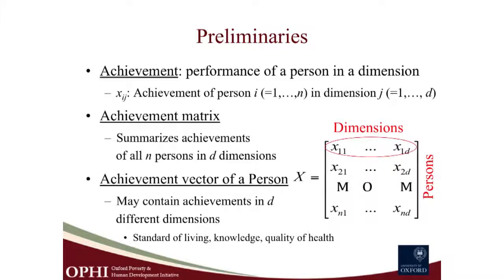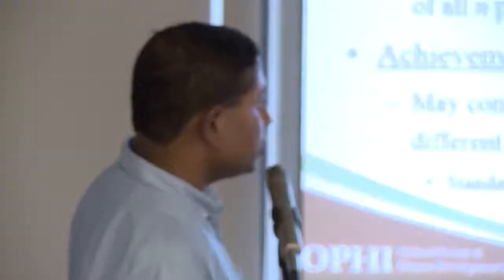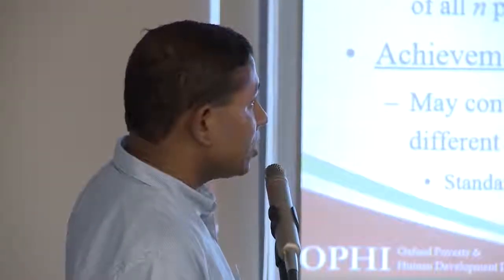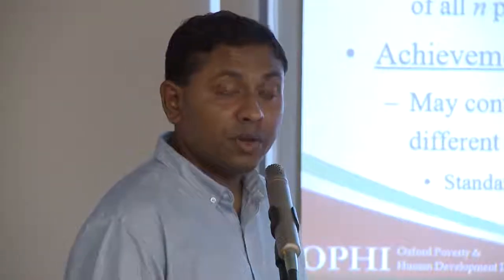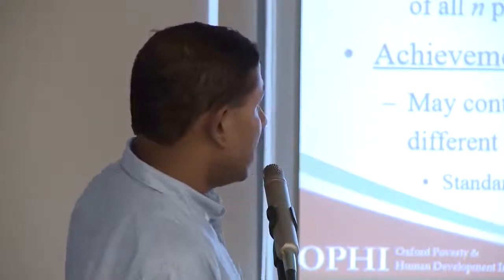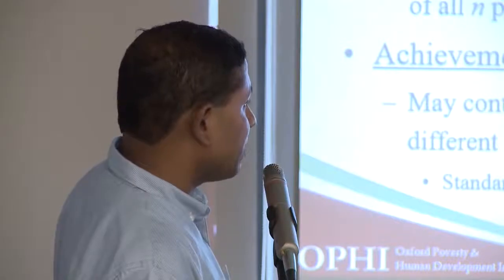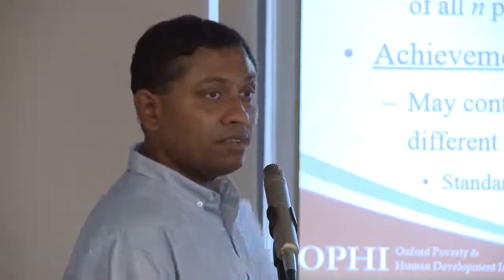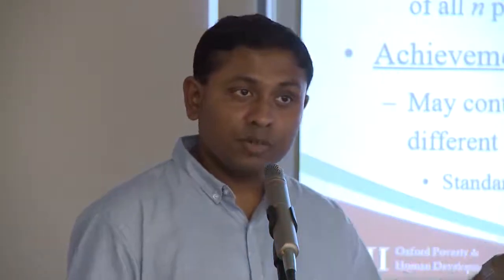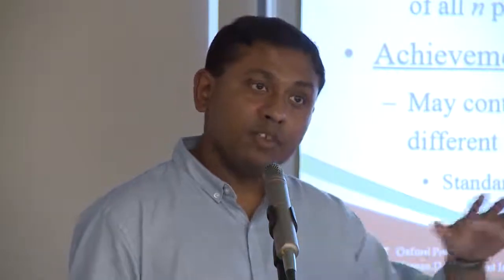So the achievements here, earlier in the income space or commodity expenditure space, had different income sources or different consumption of commodities. But in this case, the achievement vector contains indicators of standard of living, knowledge, or quality of health. So that's the departure from the single dimensional cases.